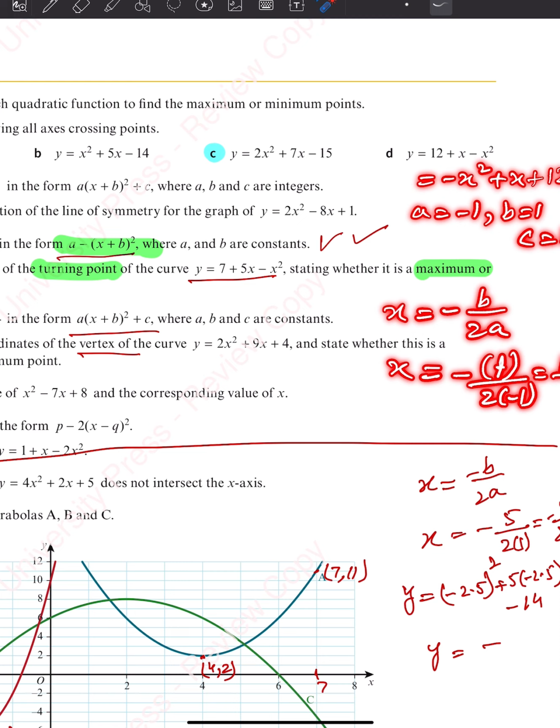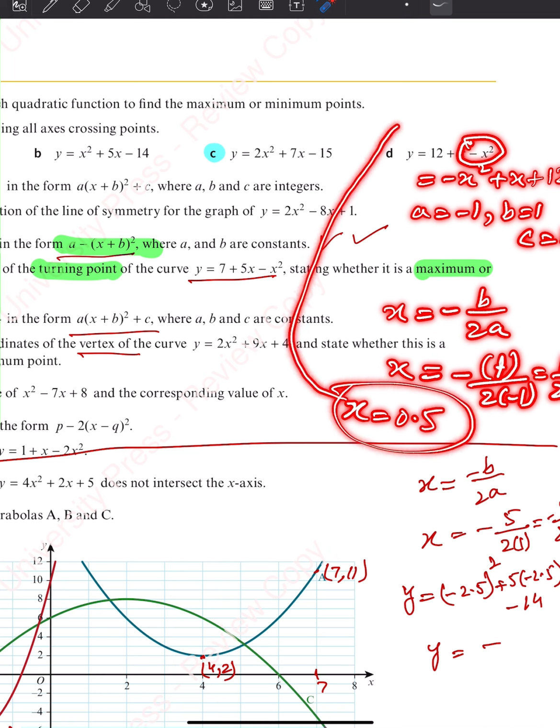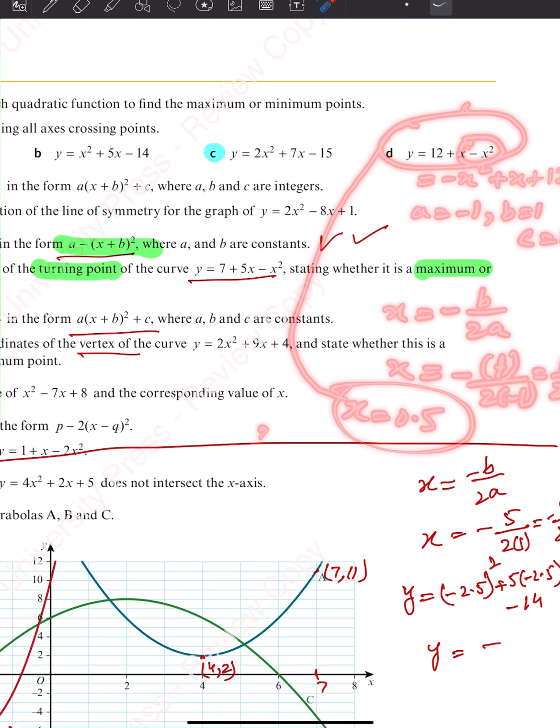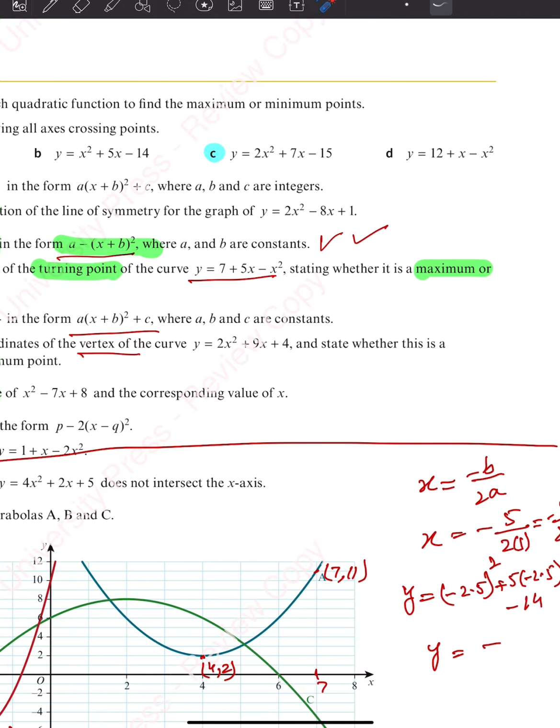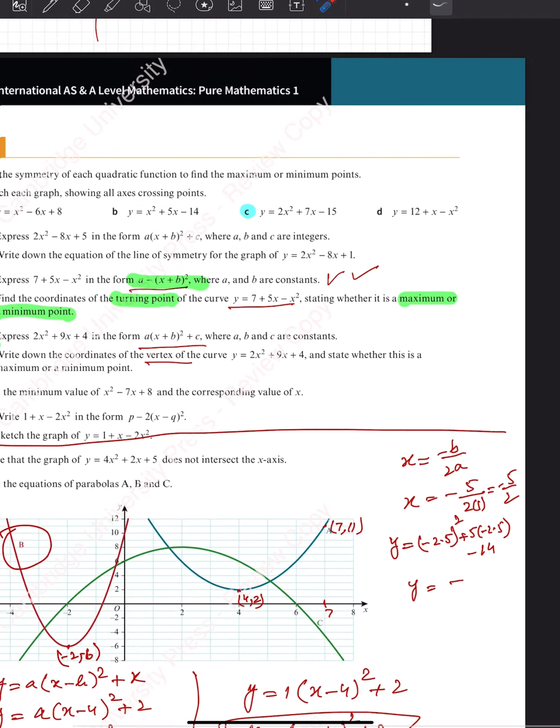So this would be 1 over 2, right? And as the coefficient of x² is negative, this would be a maximum point. So you got the value of x, 0.5. You'll substitute x is equal to 0.5 to find the value of y, and that would be your turning point.